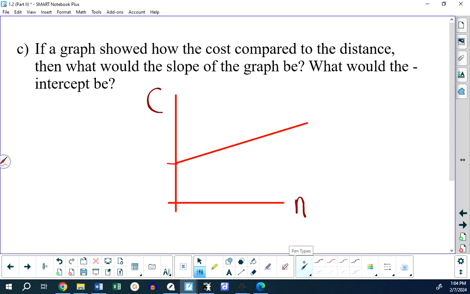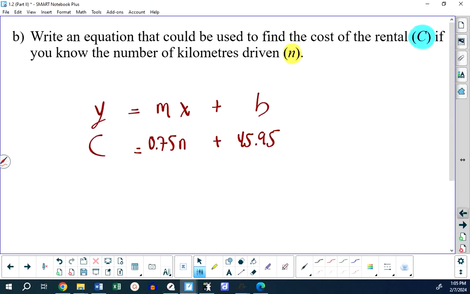So what would the y-intercept be? Well, that would be when you drive 0 kilometers, what your bill would be, which would be $45.95. Your y-intercept is that. What's your slope? Well, we don't need to think of this graph because the answer is right here. B is the y-intercept, 45.95.